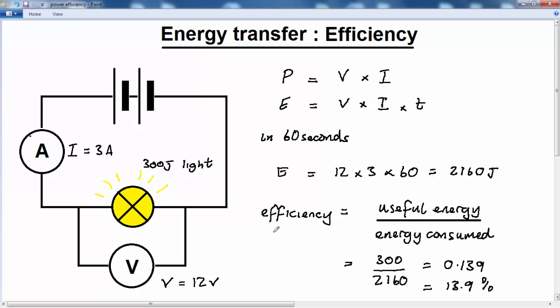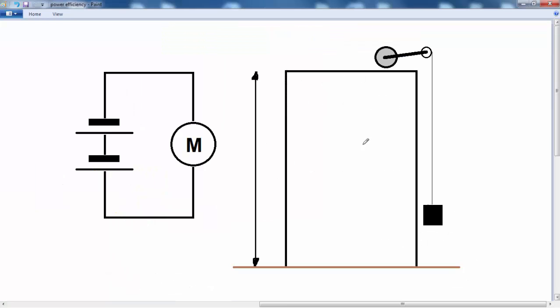Now then, let's have a look at a typical type of problem that involves calculating the efficiency of an electrical device, in this case, an electric motor. So let's assume we've got an electric motor here lifting a weight up the side of a building, and let's say that the weight has a mass of 15 kilograms and that the height of the building is, say, 20 meters, and we'll say that it takes a minute for the motor to lift the weight from the ground up to the top of the building.